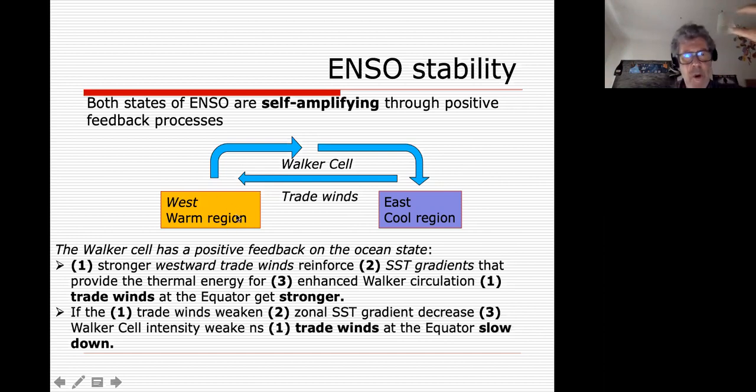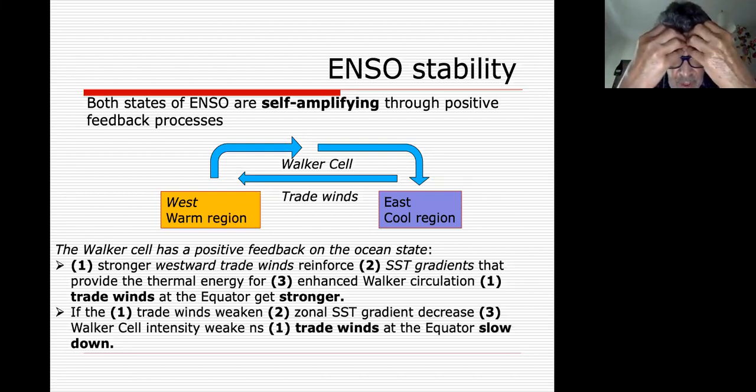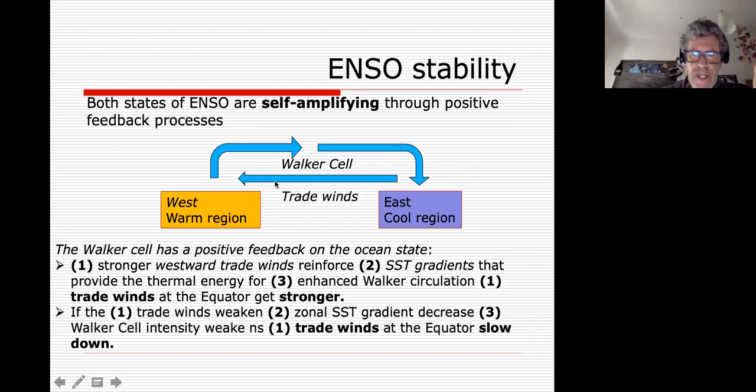It's a warm water pool that rims the Australian and New Guinea coasts, and the two are connected by an atmospheric cell.